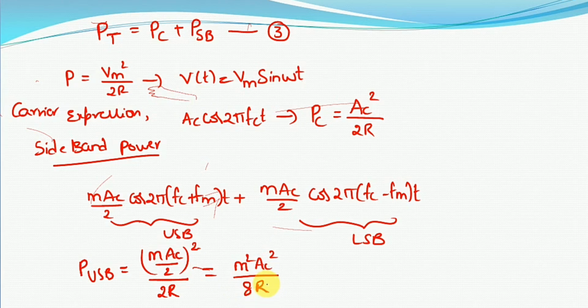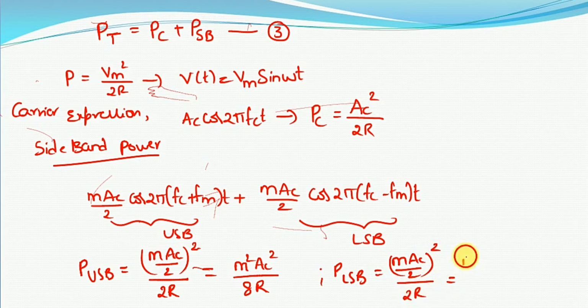Okay, and similarly I can write the lower sideband as P LSB is equal to m into AC by 2 whole square by 2R, which is equal to m square AC square by 8R. So the lower sideband and upper sideband power values we have found out.